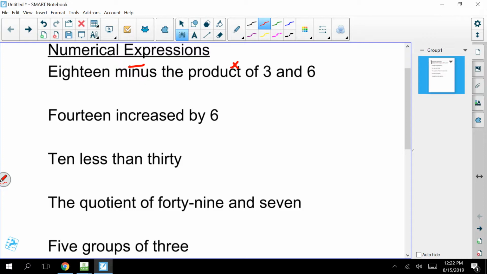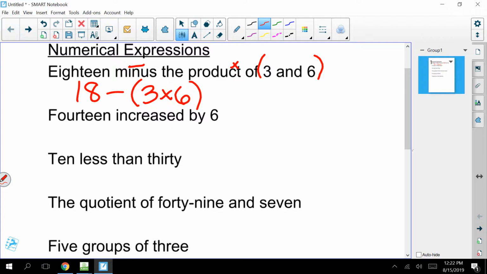So you think I need to put them in parentheses? Just to be on the safe side. So 18 minus the product of 3 and 6. Make sense? Questions about that?